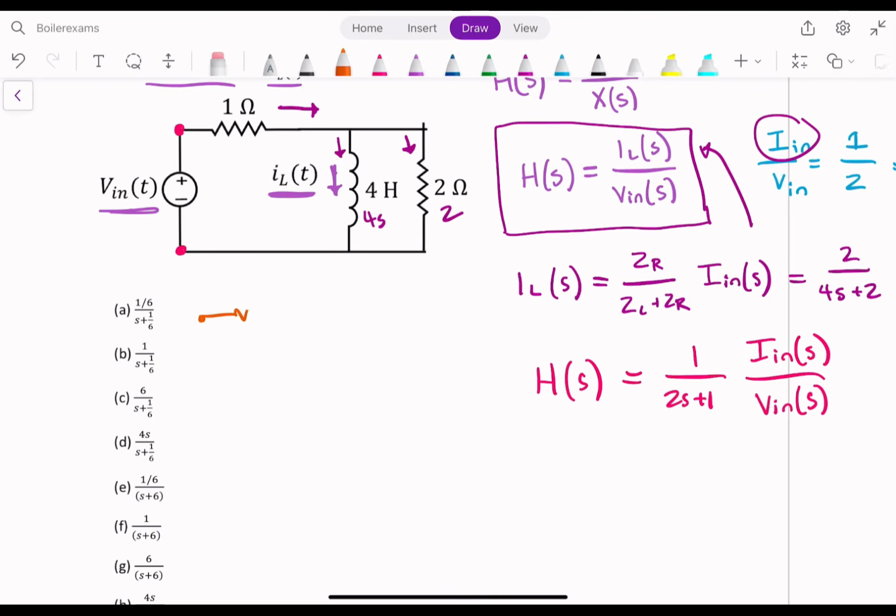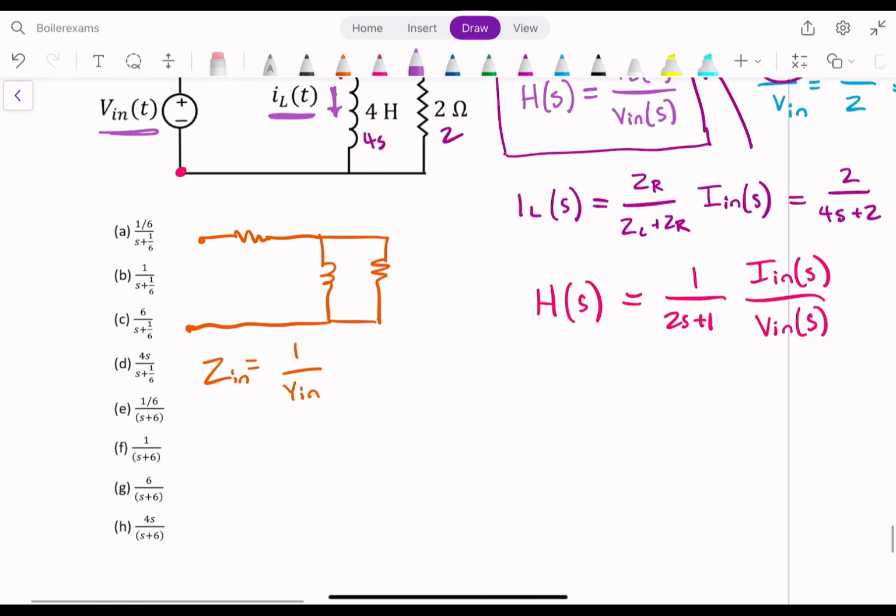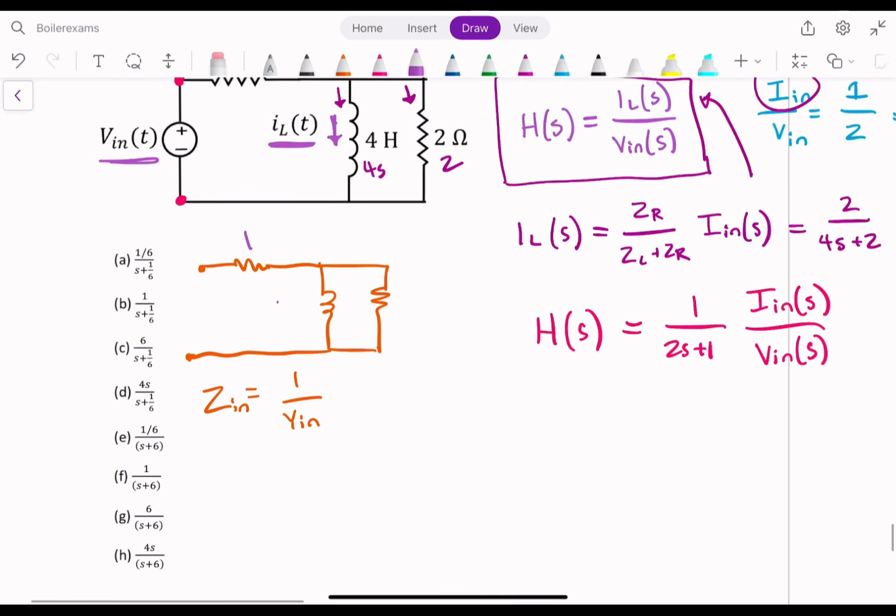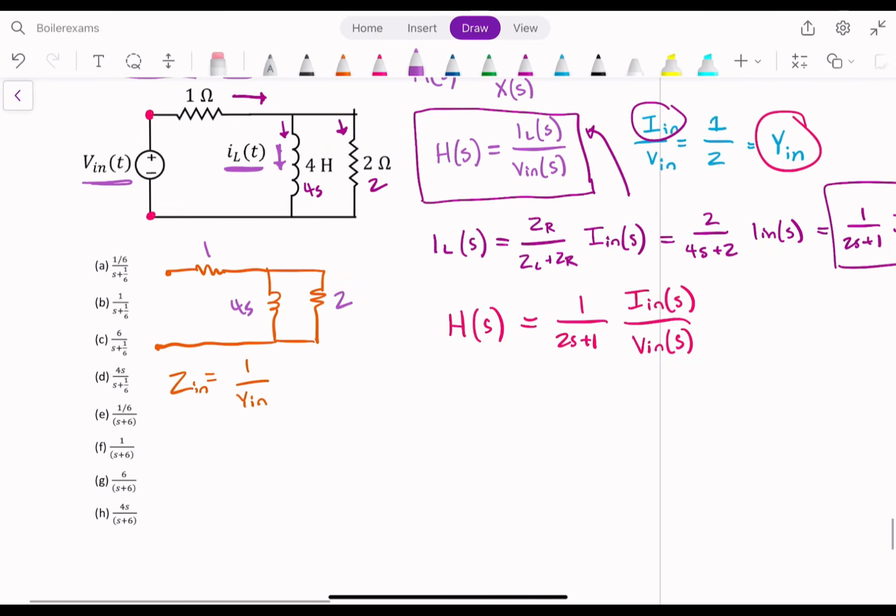So let's rewrite it. We have this resistor, and then we have the inductor and the resistor. And so let's find the impedance, which will be equal to 1 over Y sub n. We can just flip it. The impedance is the reciprocal of admittance. This is 1, this is 4s, this is 2 in terms of their impedance components.